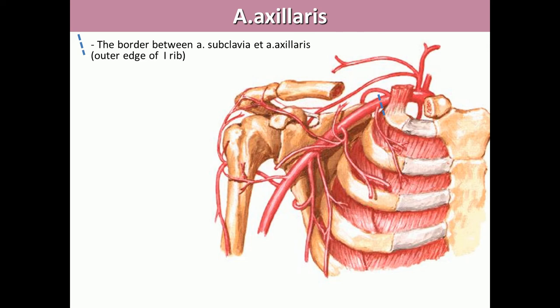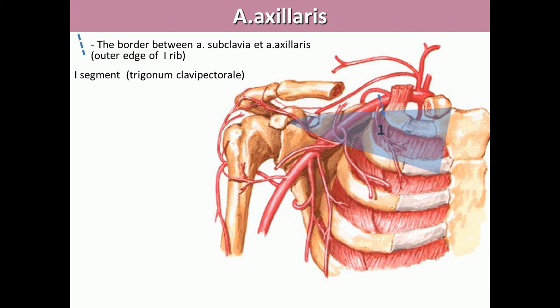We can say that the border between arteria subclavia and arteria axillaris takes place on the outer edge of the first rib. So laterally of the outer edge of the first rib, we can find arteria axillaris.